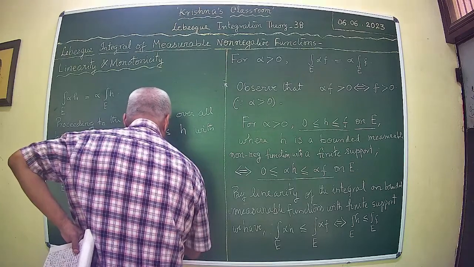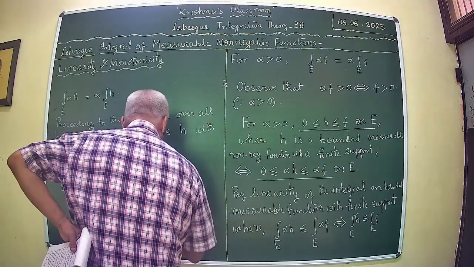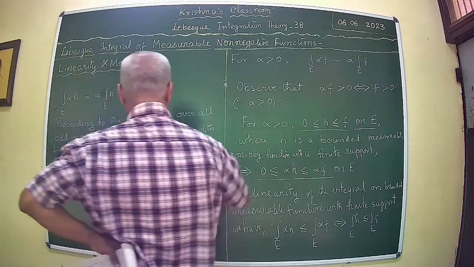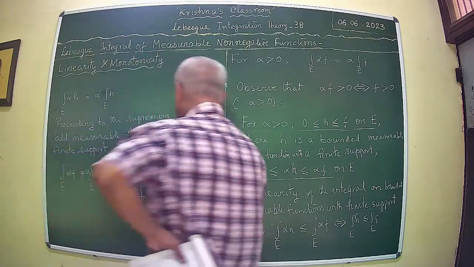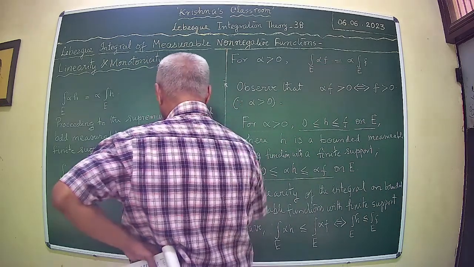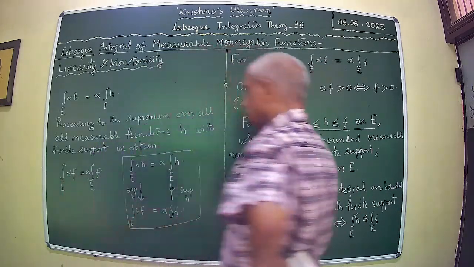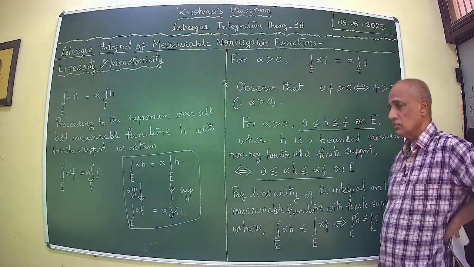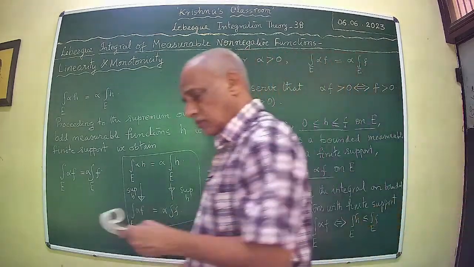This gives you alpha times the integral of f. This is what happens. Therefore, we have proved the homogeneity.